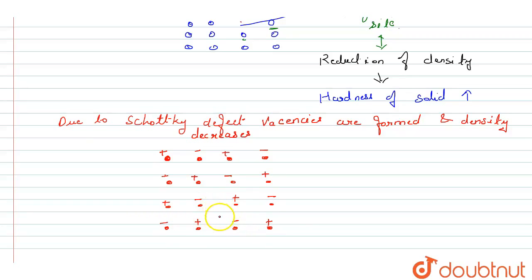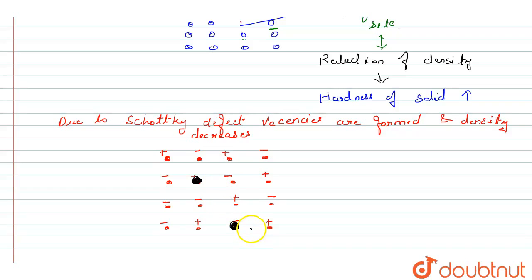In this case, one positive and one negative ion are missing from their respective positions, leaving behind a pair of holes.